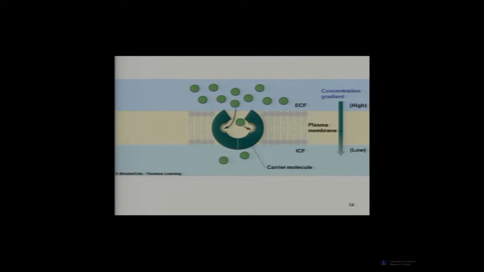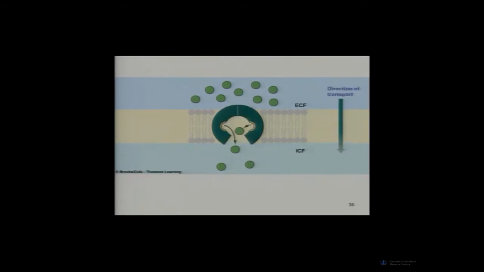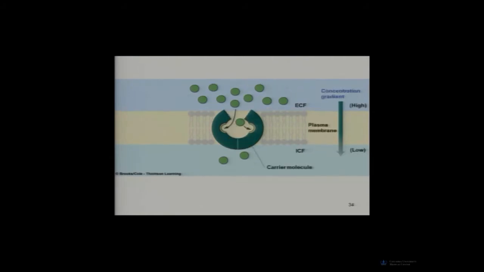When the substance binds at the binding site, it changes the structure of the protein. Okay? And it changes the structure of the protein so that the protein is now facing the other side. And as soon as that structural change happens, it loses its affinity for the substance. And so the substance is let go. And as soon as it lets it go, it goes back to its original shape.